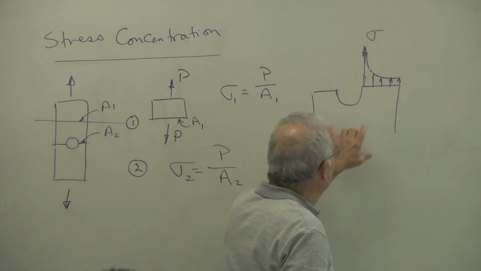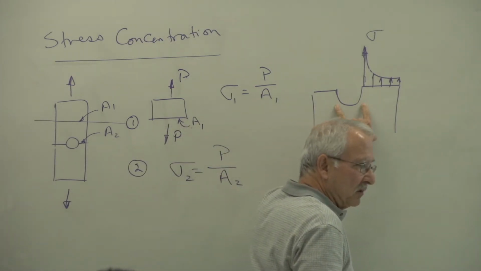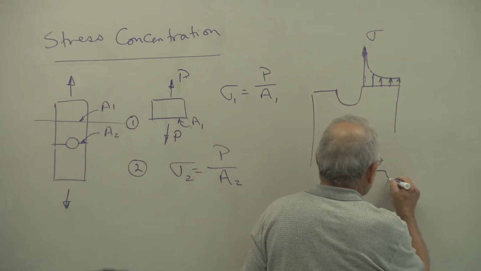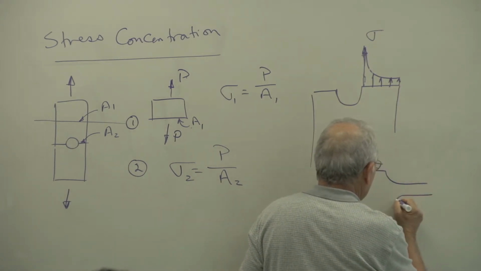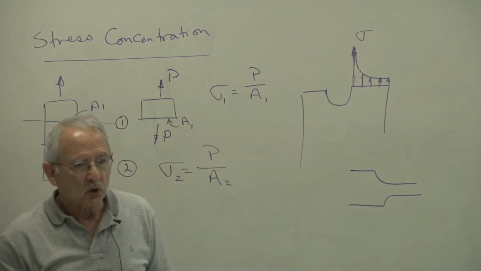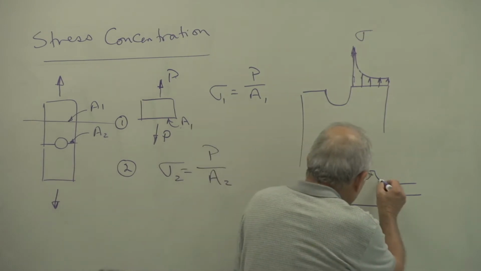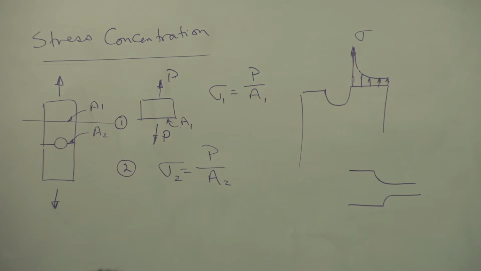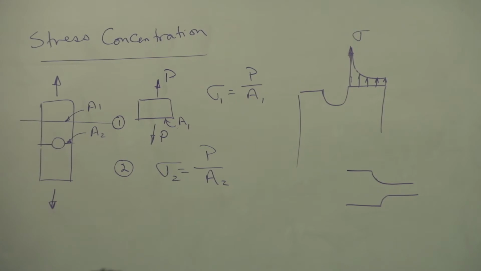So whenever there is a discontinuity in the cross-section, it could be like this, could be like that, there is stress concentration here. Whenever there is a discontinuity, the stress at the discontinuity will be magnified. This phenomenon is called stress concentration.